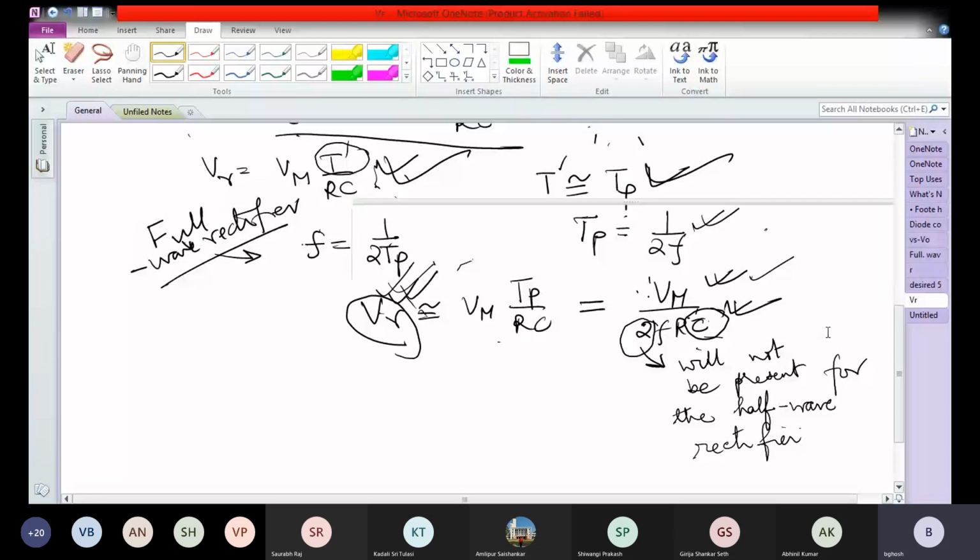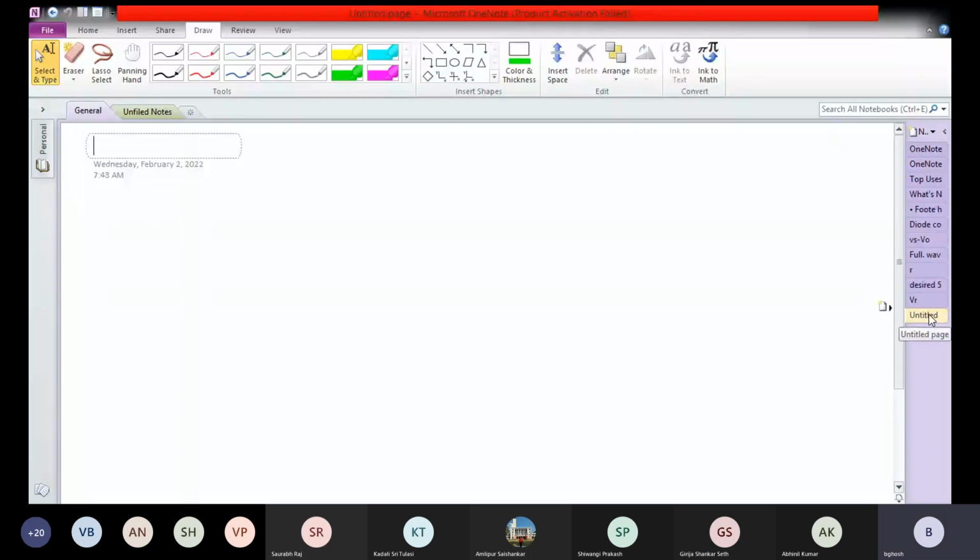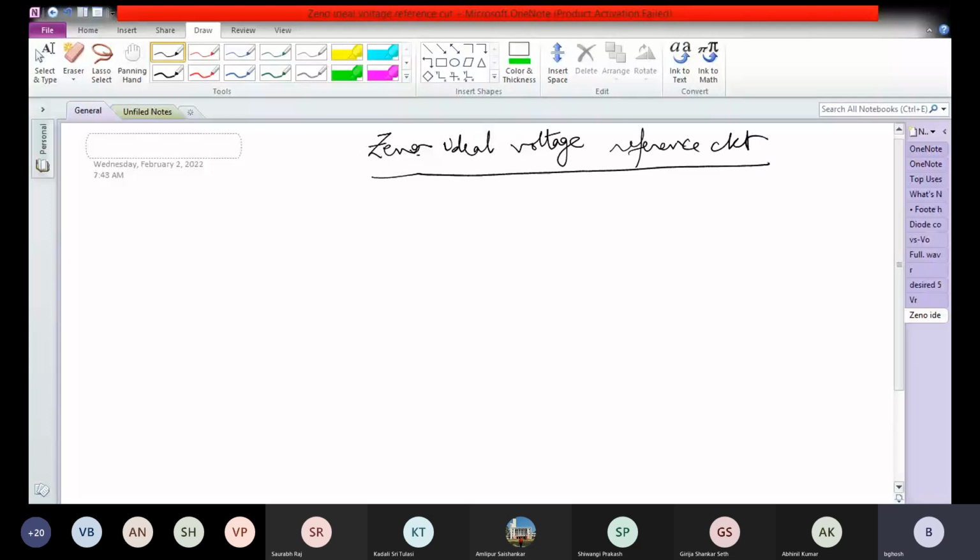Let us draw the ideal voltage, so this is Zener, sorry, Zener. Okay.